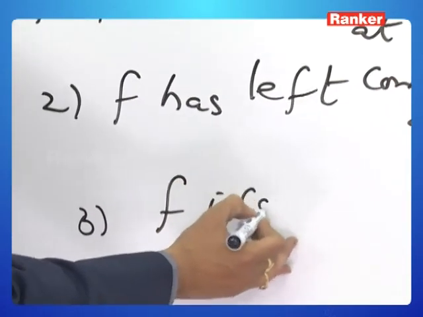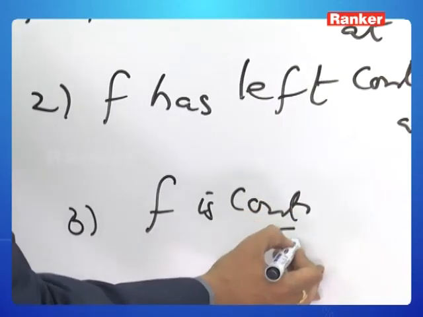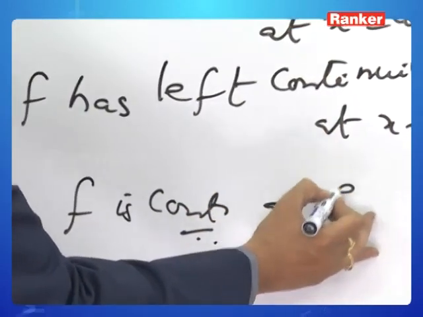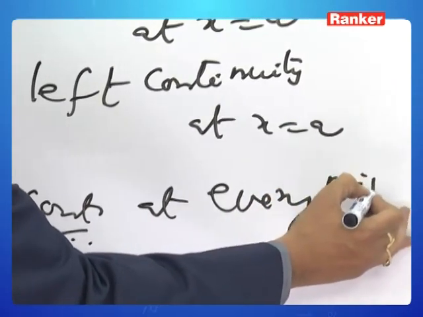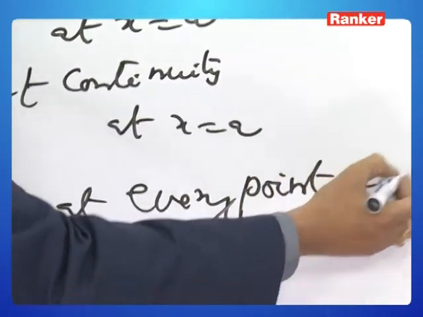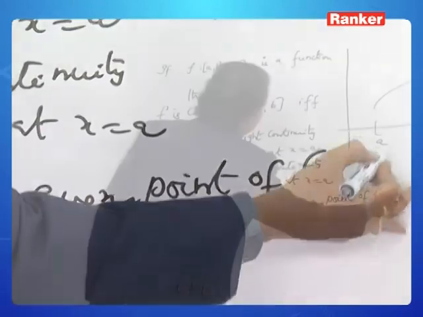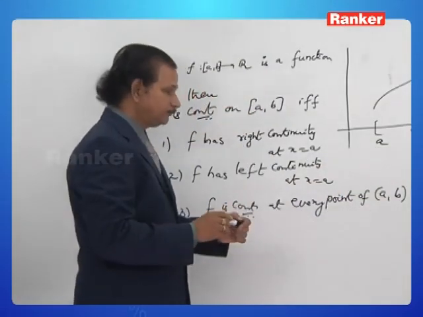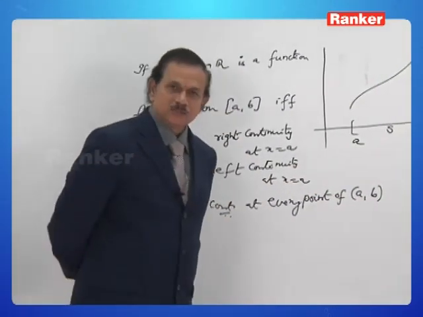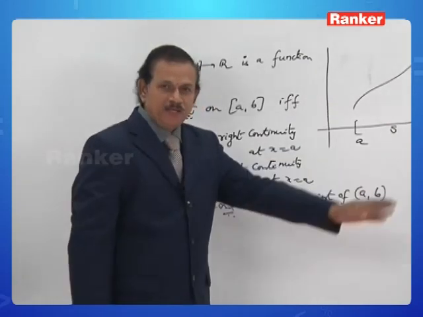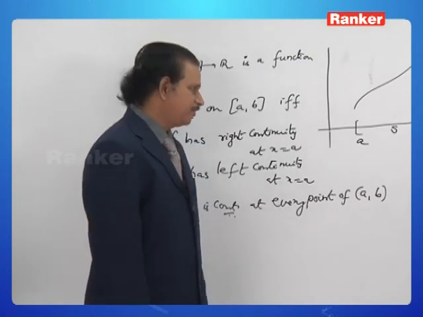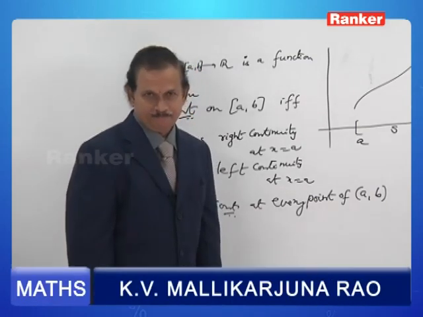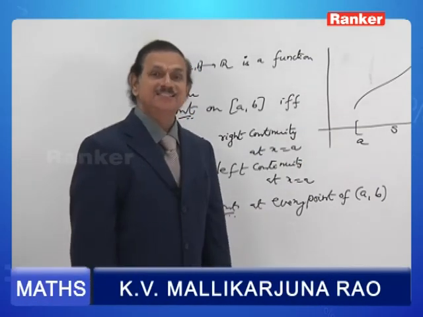And the third one, f is continuous at every point of the open interval a to b. That is, between a and b there is no exemption. It must be continuous at every point there. At a there is an exemption.